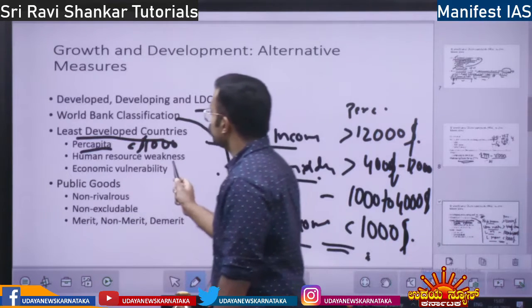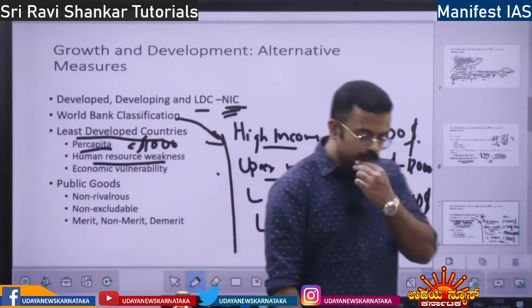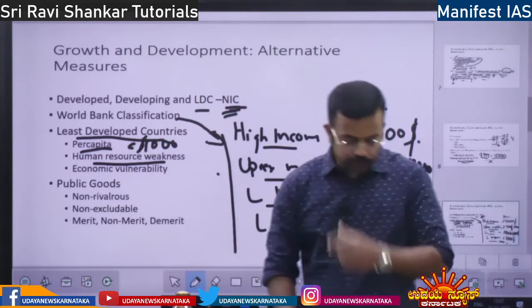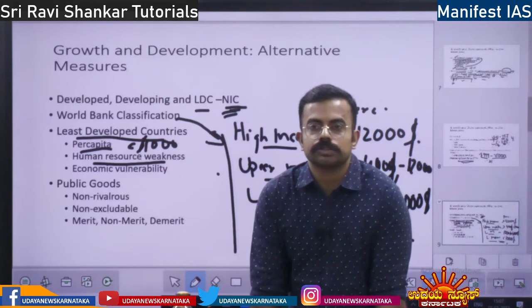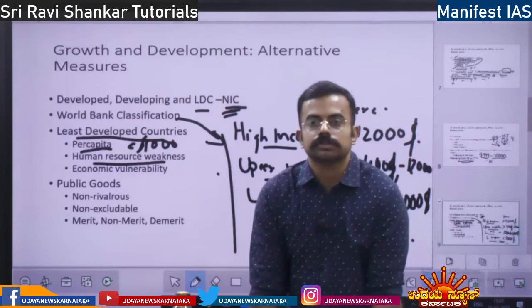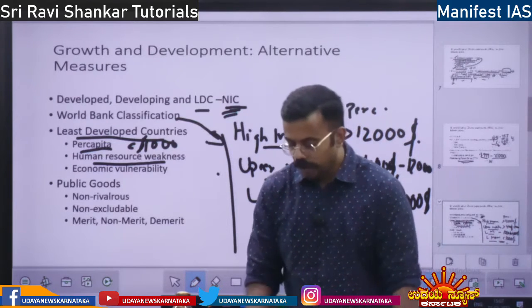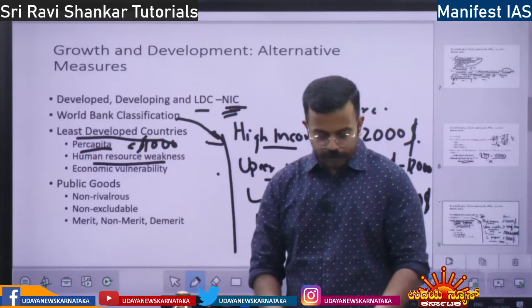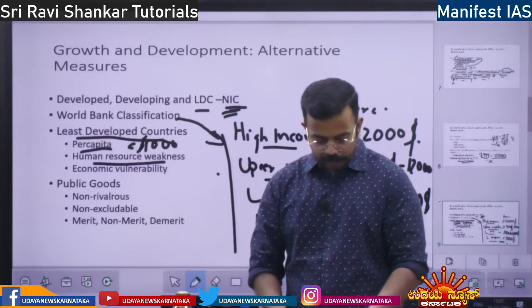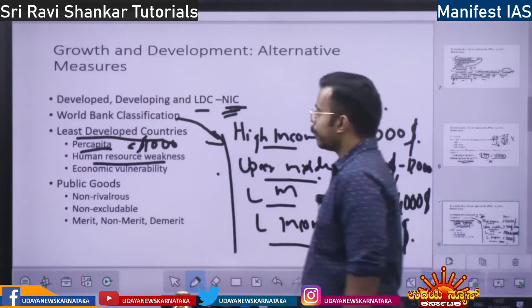Next, human resource weakness. What is human resource? See, I am a human resource. What resources do I have? Knowledge resource, physical capacity to work, right? All these things contribute to human resource. When can we say a human resource is high?